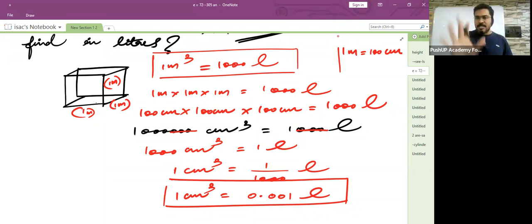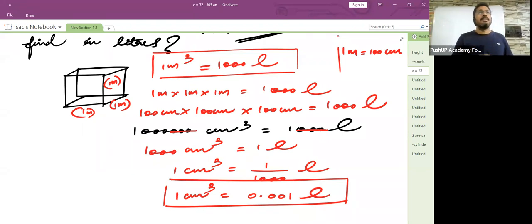Children, did you all follow this conversion? And at home, what are you going to do? You're going to redo the derivation of 1 centimeter cube is equal to 0.001 liters. Milan, stand up. What did I say? Repeat everything. Redo the derivation of what?